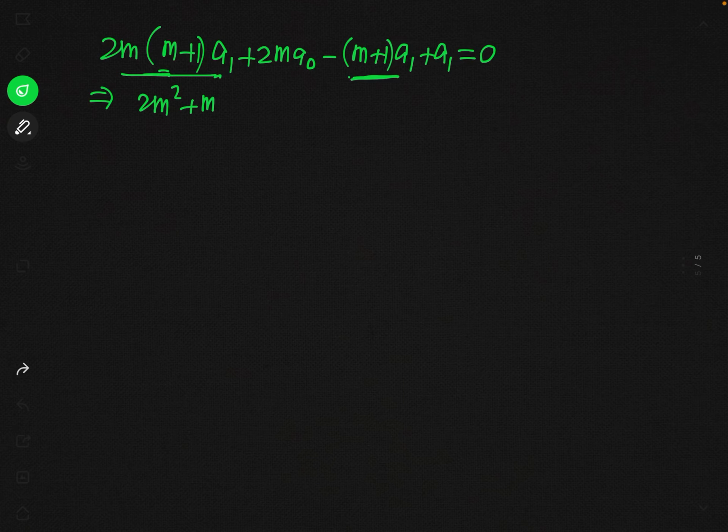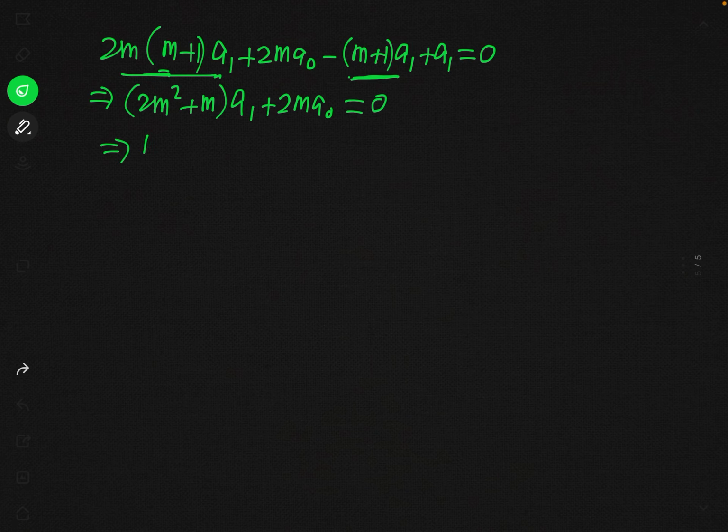So m into a1 will cancel out, and our result will be 2m square plus m into a1 and plus 2m a naught. You can see, and this will be equal to 0.